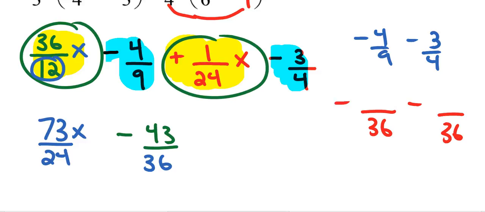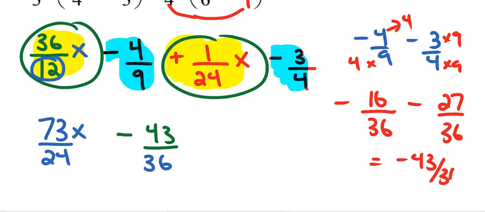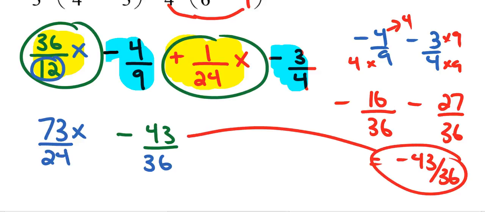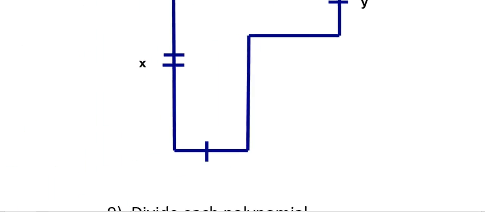In order to get a 36, I got to times the 9 by a 4, so I got to times that by a 4, so that will be 16, and times that by 9, that's going to be 27, and negative 16 minus 27, that's going to give you the negative 43. Alright, so a lot of grade 8 fractions over there in order to get that answer there. Okay, so that one took a little bit of time, but let's move on to the next one here.